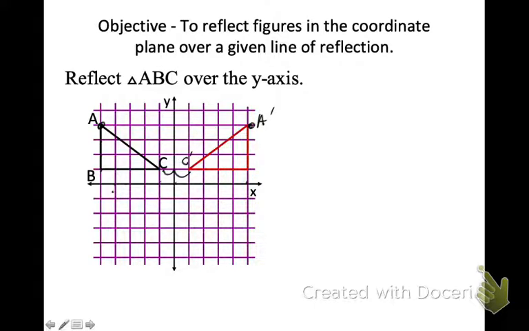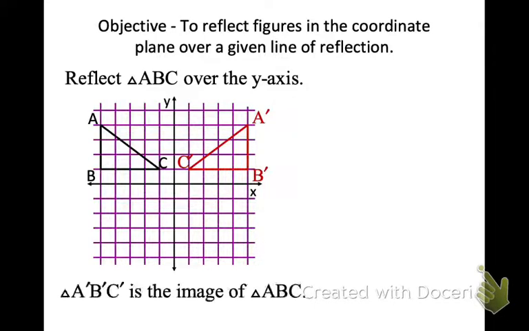So this is how we do our reflections. Here I've given you the other triangle. I wanted you to see what it looks like on the coordinate plane. All right, so triangle A prime, B prime, C prime is the image of triangle ABC.